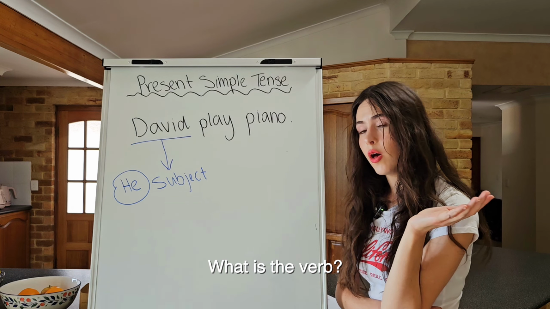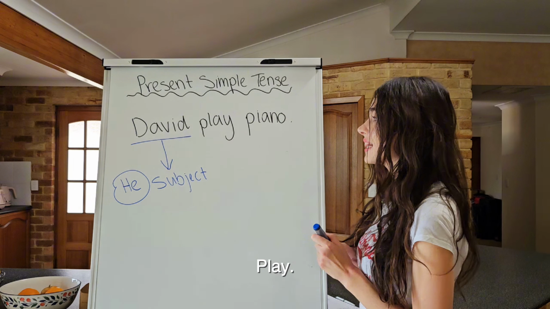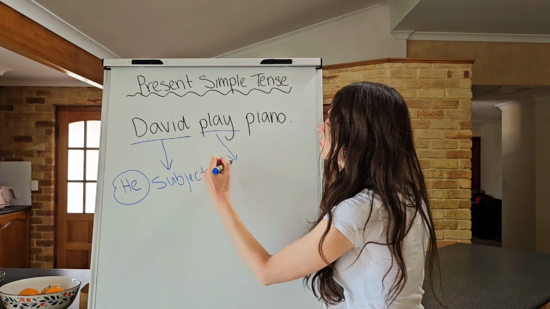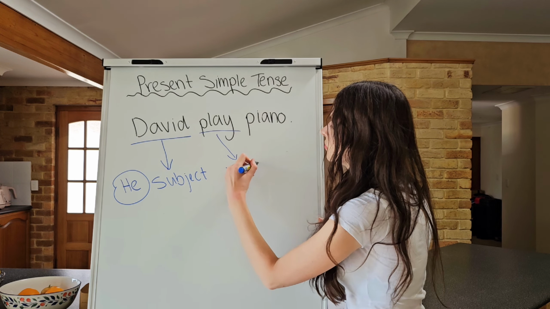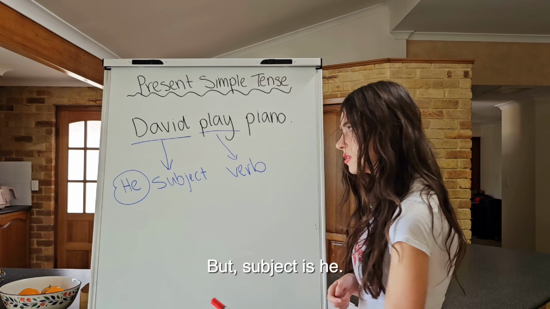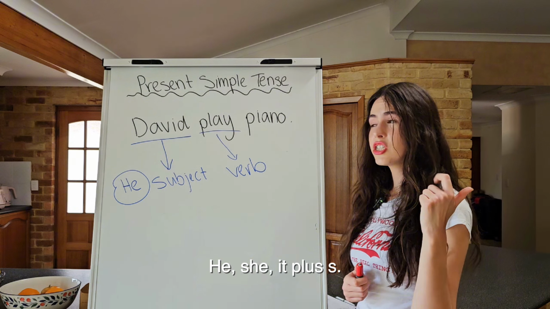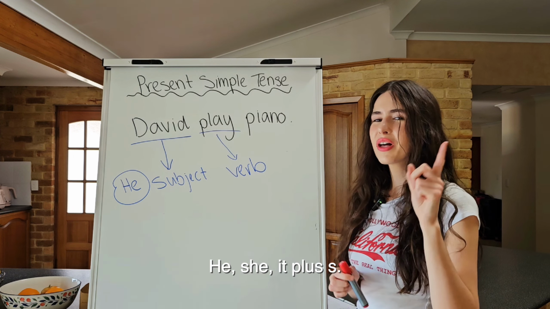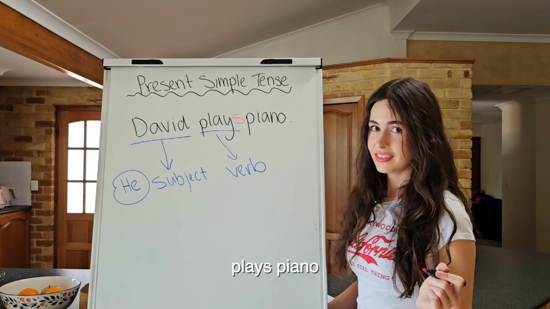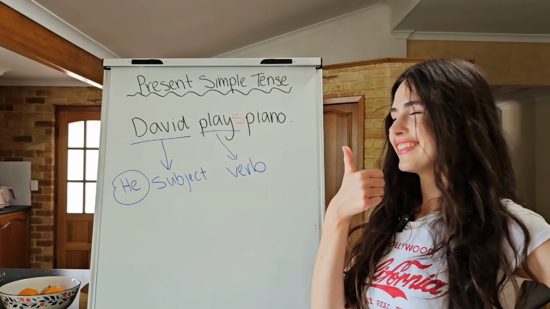What is the verb? Play. But subject is he. He, she, it plus S. Plays piano. Well done.